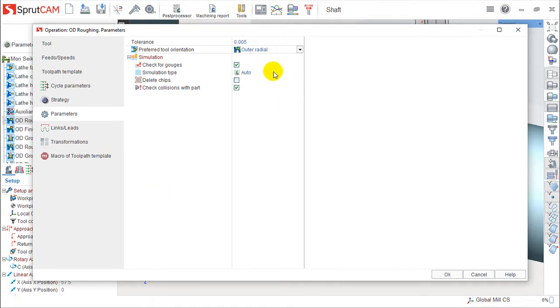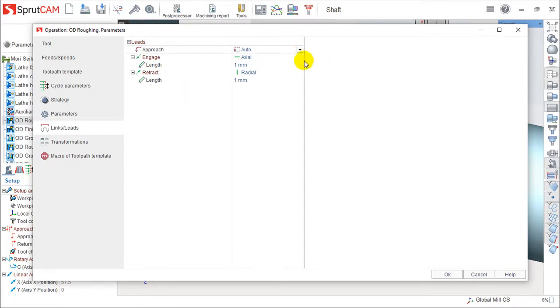So also, I think, basically clear. In terms of links and lead-ins, lead-outs, we can define also a couple of possibilities. Completely different from what we have in terms of these types of parameters compared with milling.